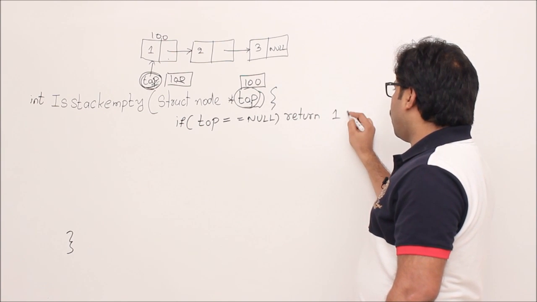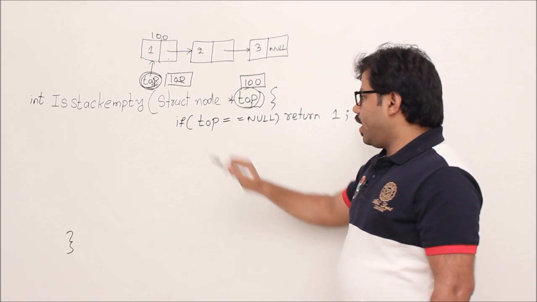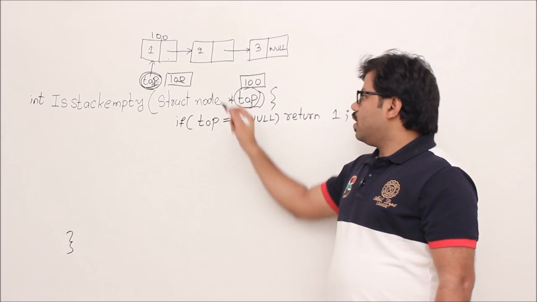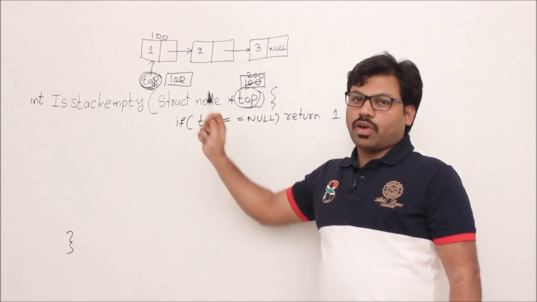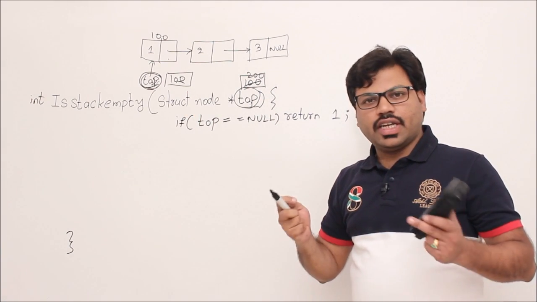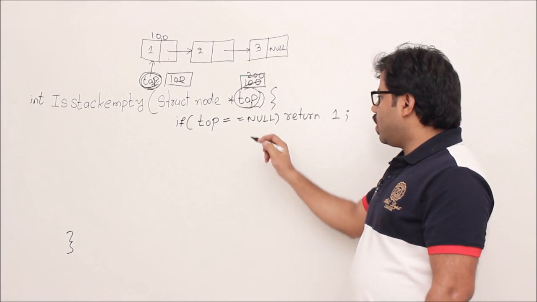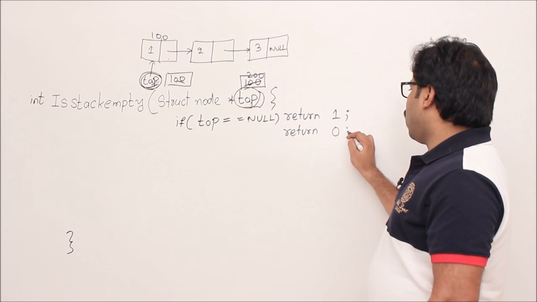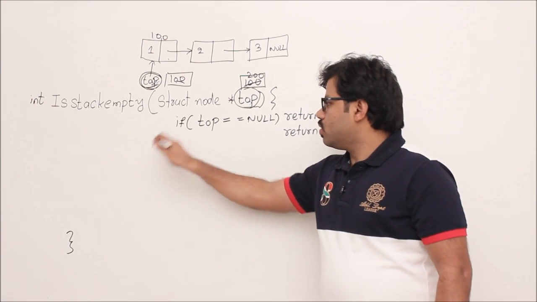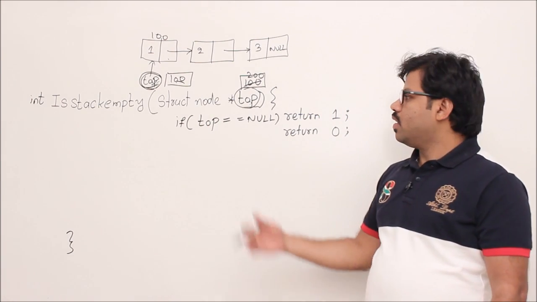True is nothing but 1 for me, right? Non-zero. Else, if top is not null, then definitely it is like 100 or 200, correct? Then definitely your top is pointing to a valid box, so we should say that the stack is not empty. For that, what is the return value? We can take anything other than non-zero, that means 0. So this is the final method for eStackEmpty.